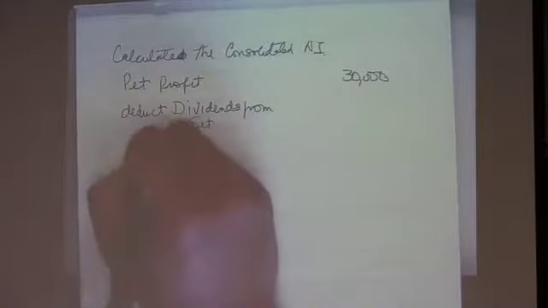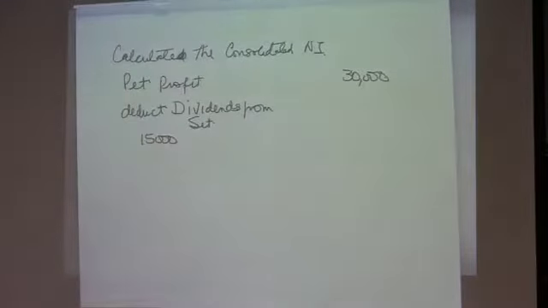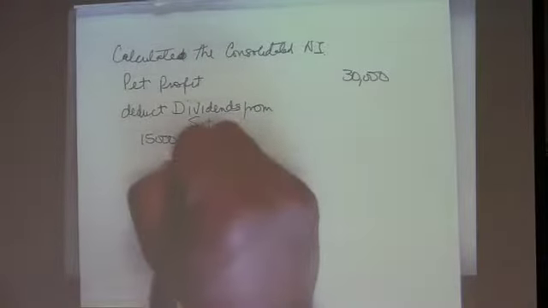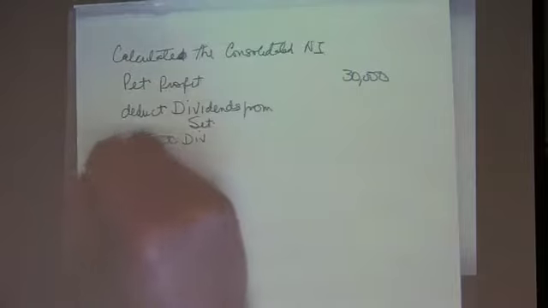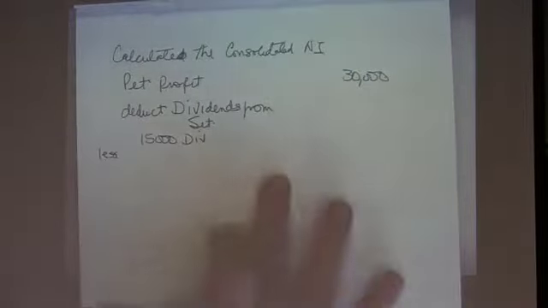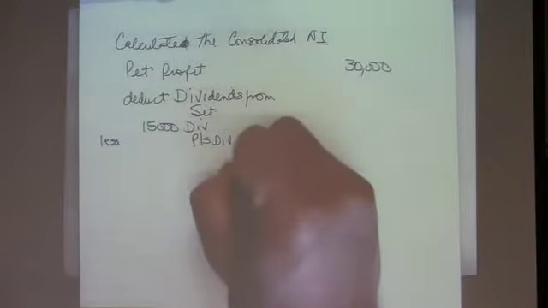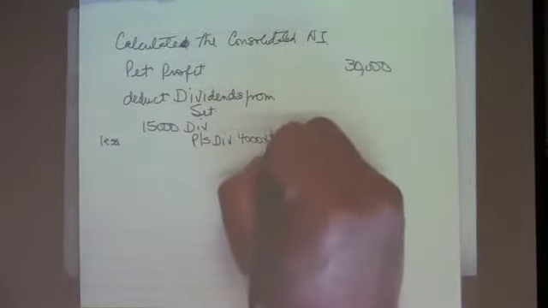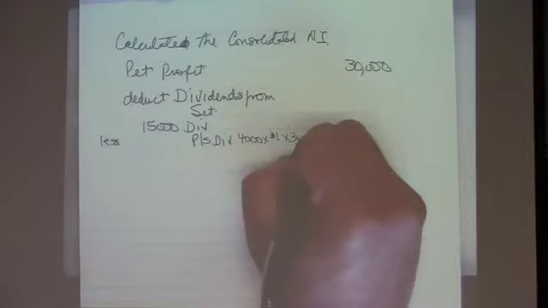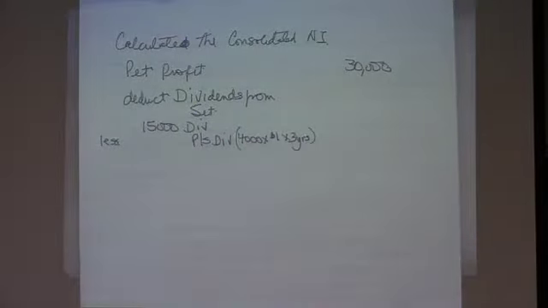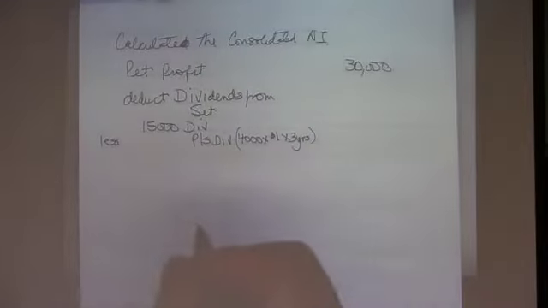So $15,000 dividends. Okay. Now, we're going to first take away the preferred shares dividends, and we know that was 4,000 times $1 times 3 years now, remember? Because they had 2 years in arrears and the current year.